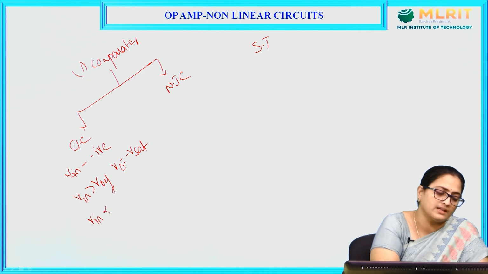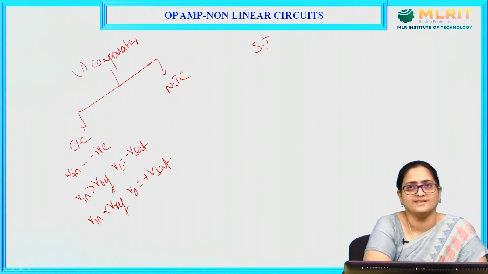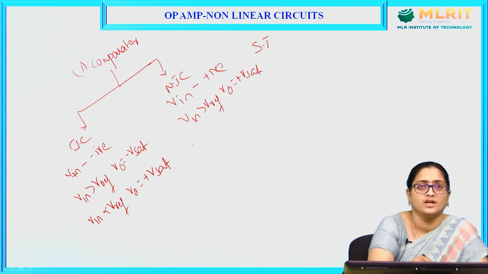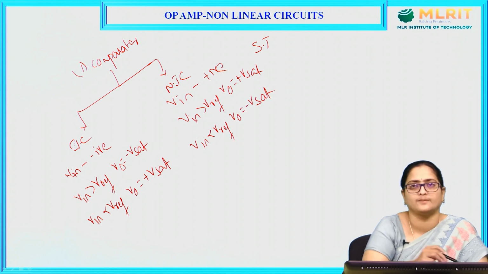When Vin is less than V reference, V0 will be equal to plus Vsat. Whereas in a non-inverting comparator, your input voltage is connected to the positive terminal, where Vin greater than V reference gives V0 equal to plus Vsat, and Vin less than V reference gives V0 equal to minus Vsat.